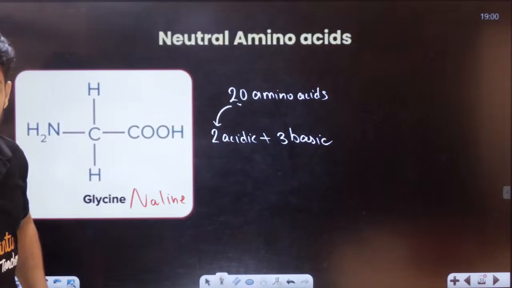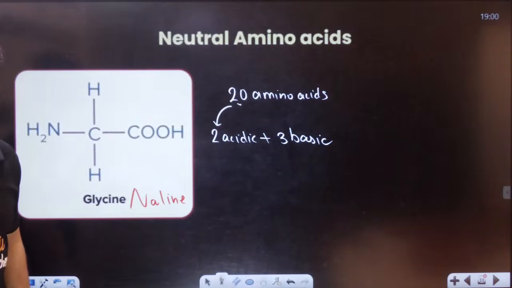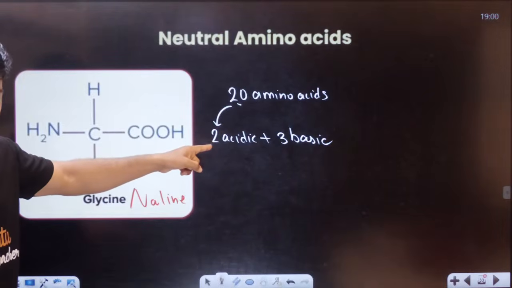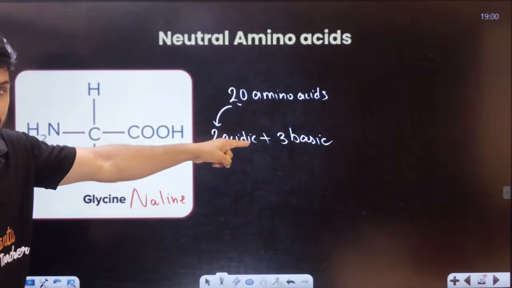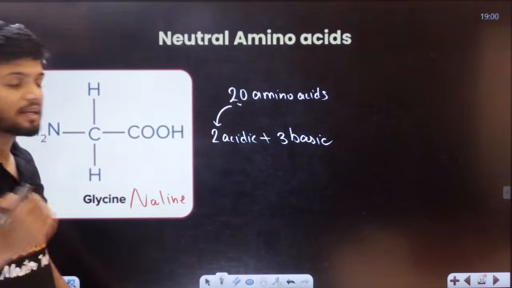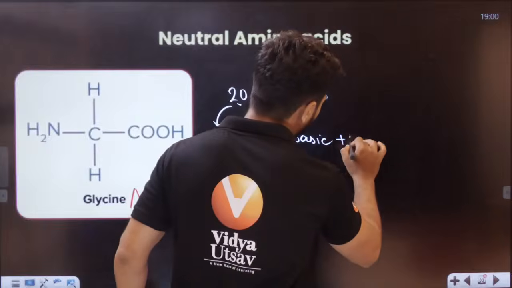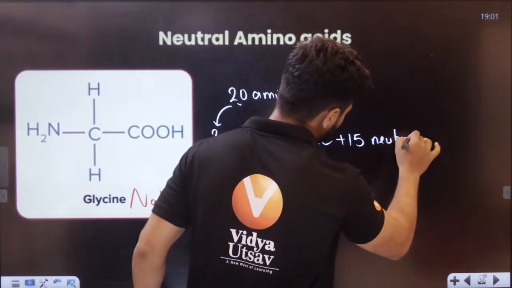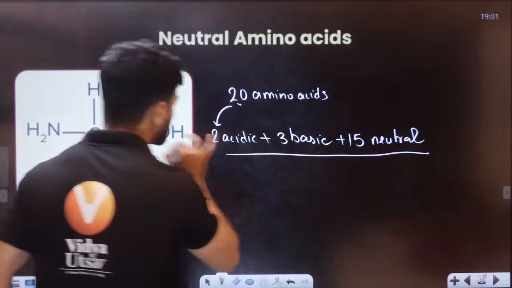Two are acidic, aspartic acid and glutamic acid. Histidine, lysine, arginine are basic. Remaining all 15 amino acids are neutral in nature.